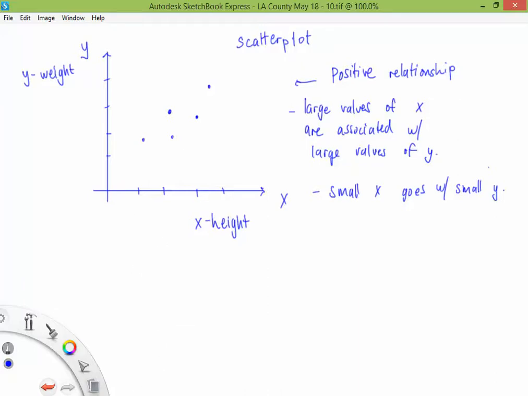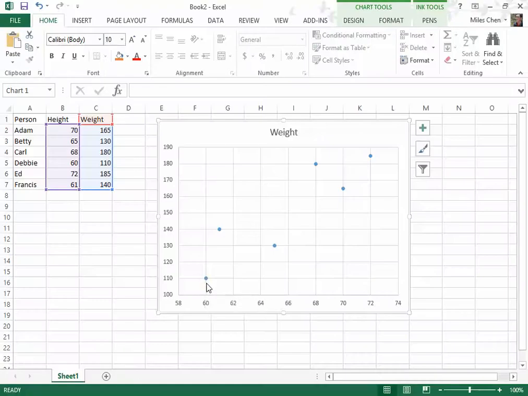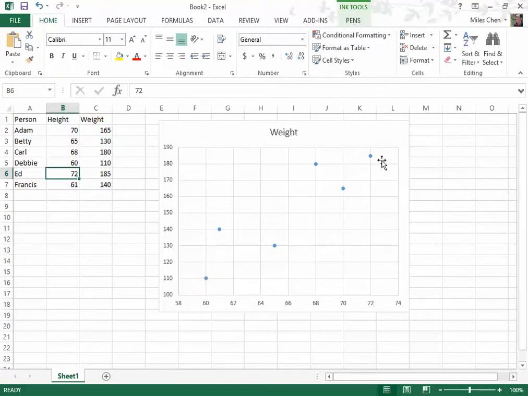And we see, in general, people with big x, meaning they are tall, big weight, way more. Small x, so Debbie, she is 60 inches tall, small x, small weight, 110. The tallest person, Ed, 6 feet tall, 72, high weight, 185. I mean, I just made up these numbers, but this is what we have.